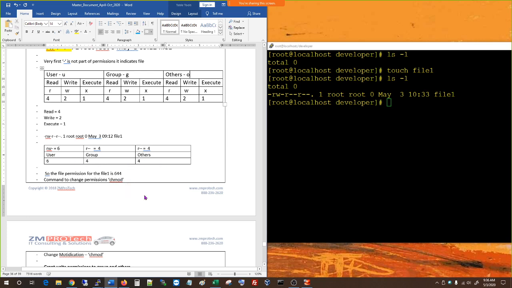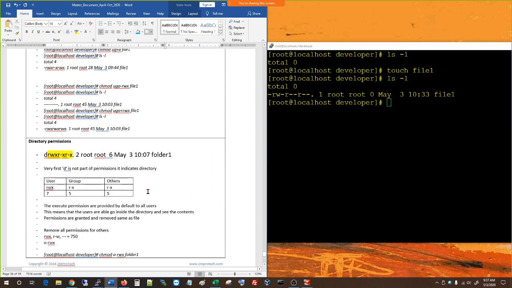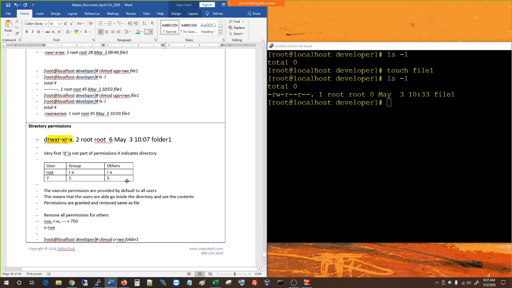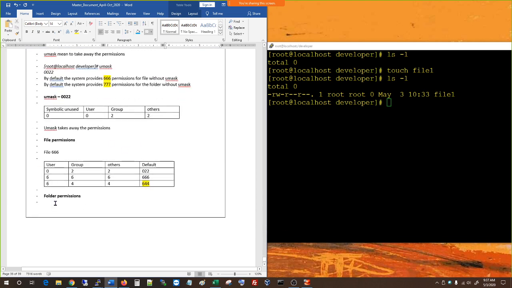This is the default permission we got. And for the folder, we got the default permission 755. So let's calculate why it's coming as 755. The folder system provided permission is 777.